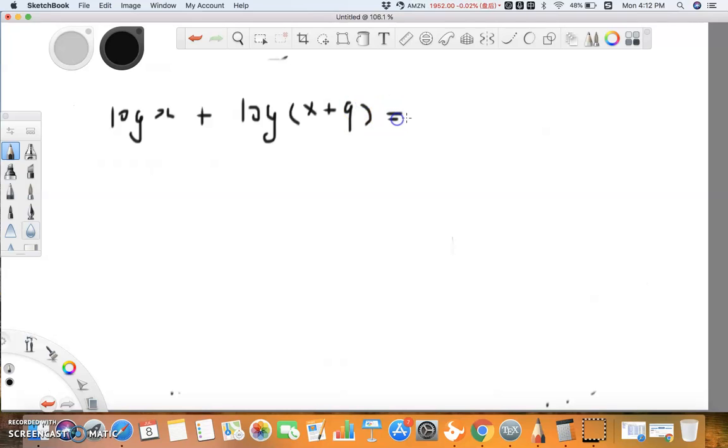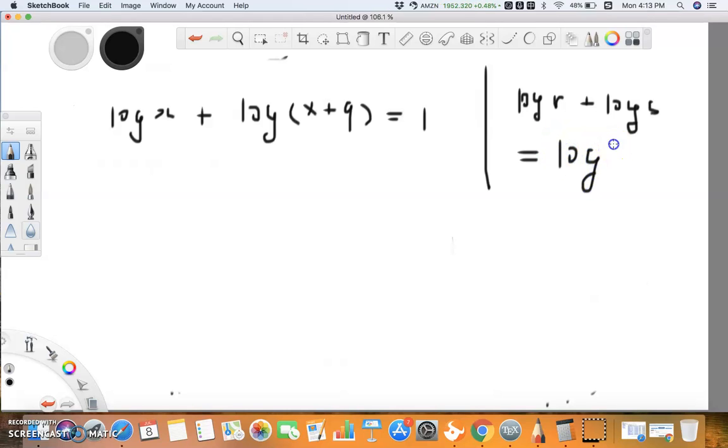So first we're going to simplify the left-hand side, using this property. If you still remember, log r plus log s can be written as the log of the product of r and s.